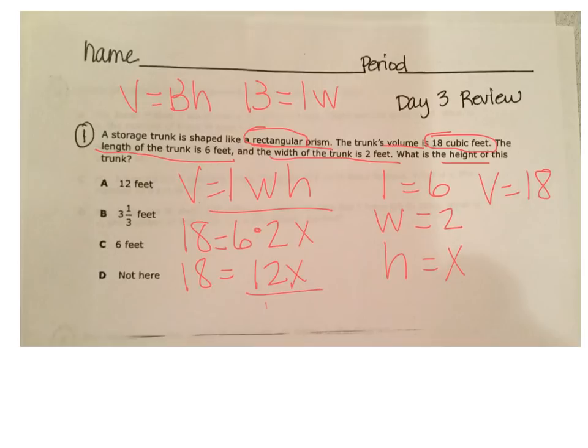Then I would just divide this by 12 and divide this by 12. This cancels, so then when I divide this, x or h equals 1 and 1/2. Well, the answer is D, because the answer is not here.